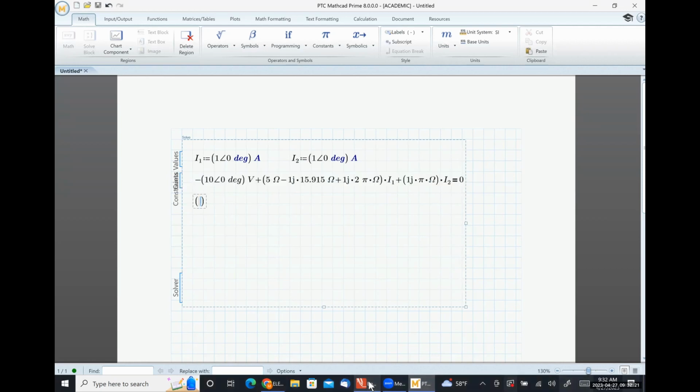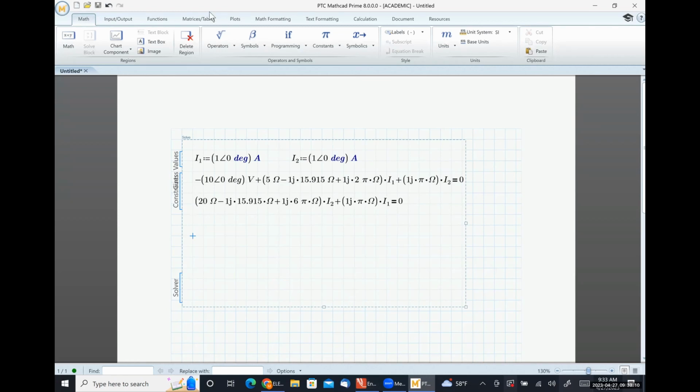For my second equation, I have 20 ohms minus J times 15.915 ohms plus J times 6 pi ohms times I2 plus J times pi ohms times I1 equal to 0.